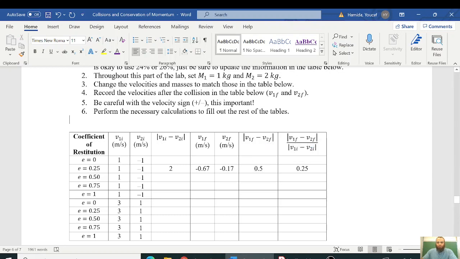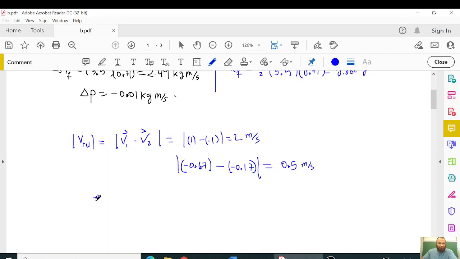Now, this coefficient of restitution is a measure of how inelastic the collision is. It's the relative velocity after divided by the relative velocity before. So let me write it here. This coefficient of restitution will be V1 final minus V2 final divided by V1 initial minus V2 initial.